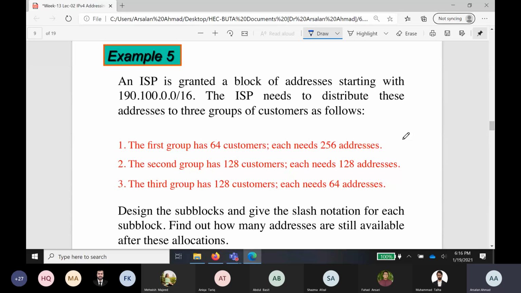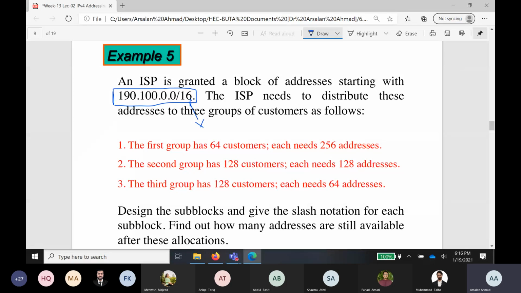So an ISP is granted a block of addresses, starting with this starting address, and obviously we know that the total block is quite huge. /16 means that this is our X, our prefix, and the suffix will be 32 minus X, which is 16.